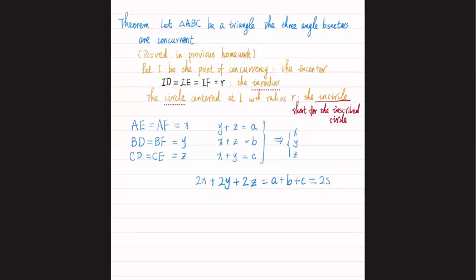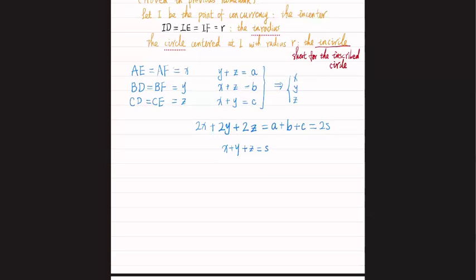So we divide both sides by 2, we get x plus y plus z equals S. Okay, now we are ready to find x, y, and z. X is S minus y plus z.